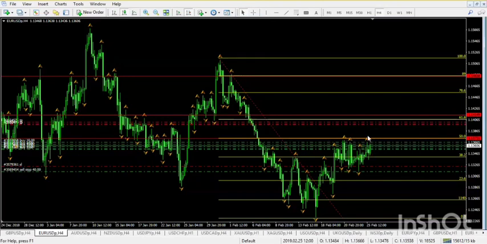So if this trend is open here, I'm going to work with big lot sizes because my main pivot has been broken. So pay attention to these points. You should exit before the price reaches the pivot.